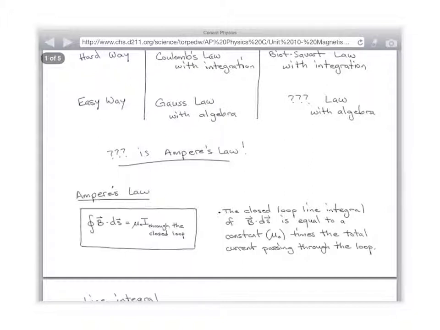Well, this looks an awful lot like Ampere's law. But Ampere's law instead is if you had a wire loop. This is called an Amperian loop.